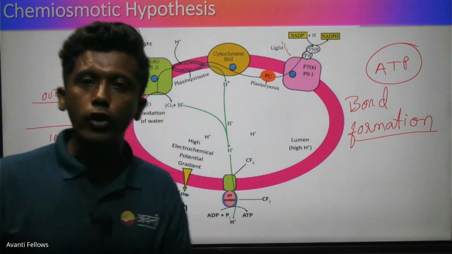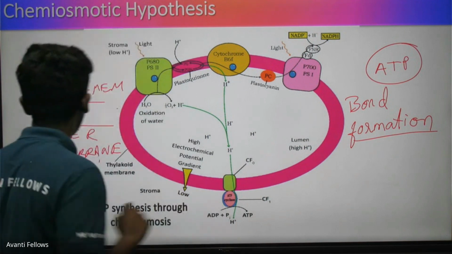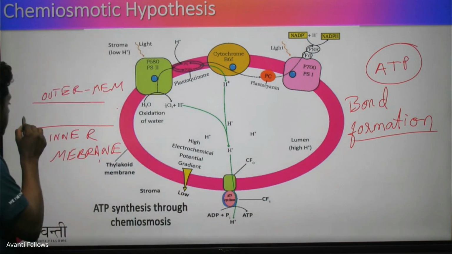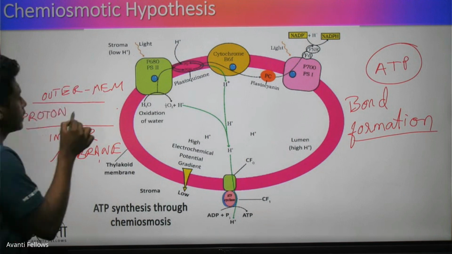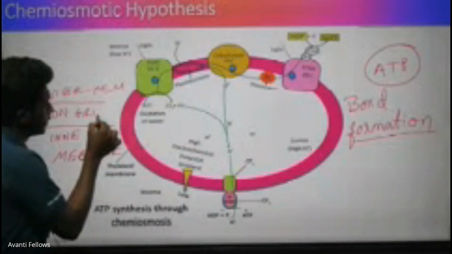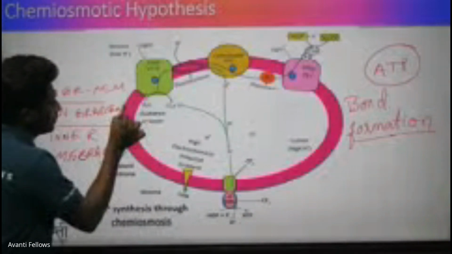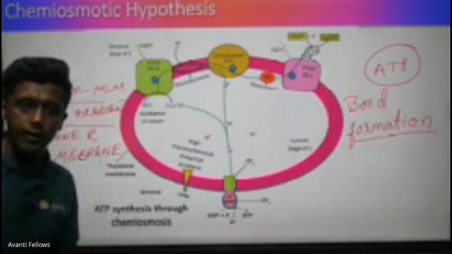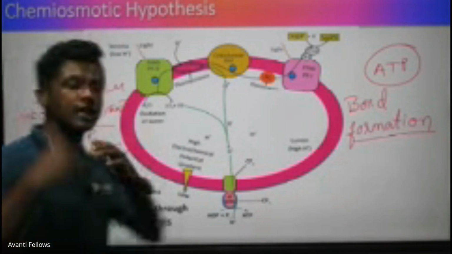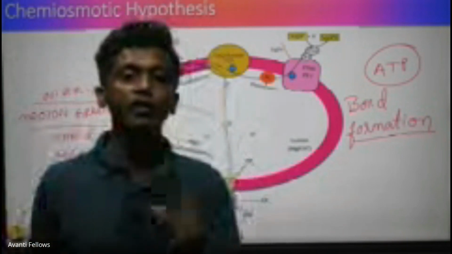So what do mitochondria do? How does it synthesize energy? It synthesizes energy or ATP by creating something called a proton gradient. This proton gradient means the difference in the concentration of protons.